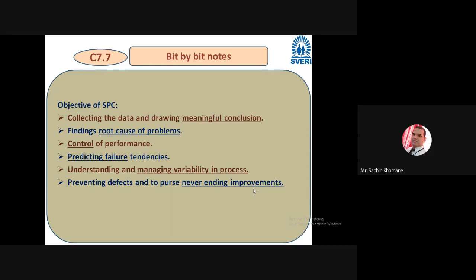Whatever force you have set on that press machine, I am doing as per your instructions. I am putting the job very properly. I am holding that job very properly. Still, this problem is there. So you have to understand the actual root cause.